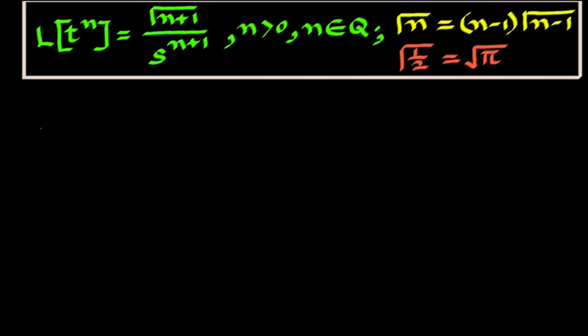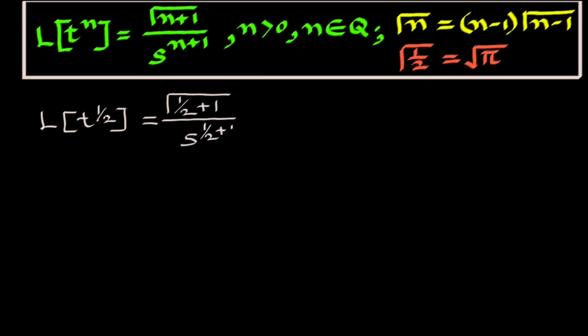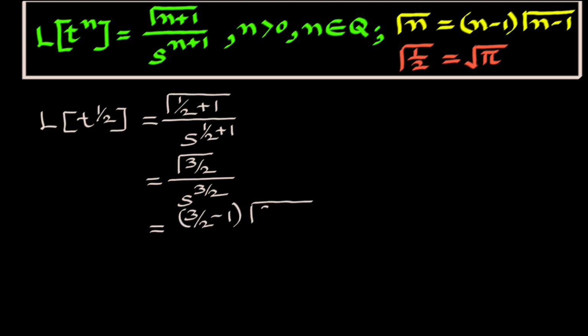On the same lines, we can find Laplace transform of t raised to half, which will be according to above formula gamma half plus 1 upon s raised to half plus 1. This will be gamma 3 upon 2 upon s raised to 3 upon 2. Now according to above rule, we will write this gamma 3 upon 2 as 3 upon 2 minus 1 into gamma 3 upon 2 minus 1 upon s raised to 3 upon 2.